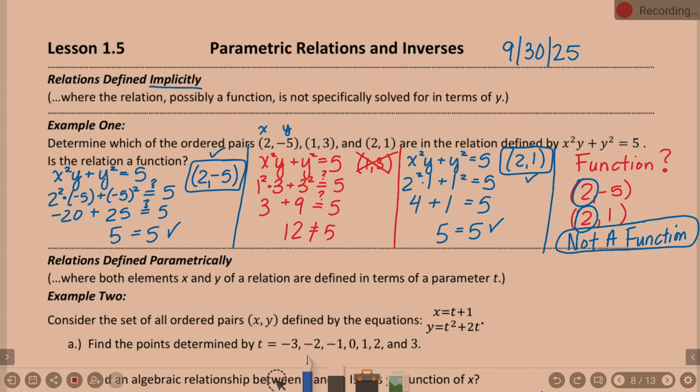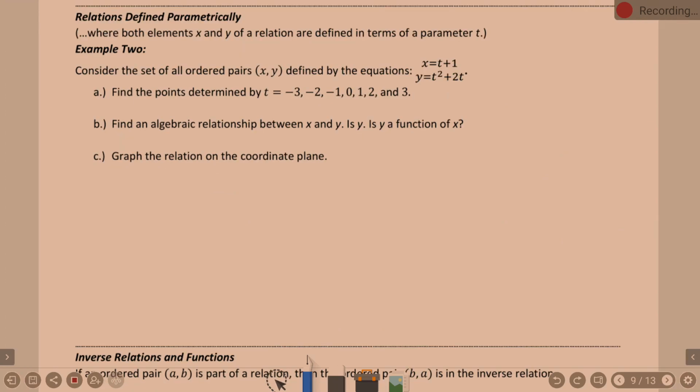Okay, our next topic is talking about relations defined parametrically. And so when we talk about this parametric relation, it's a relation where both elements, x and y, of a relation are defined in terms of a parameter t.